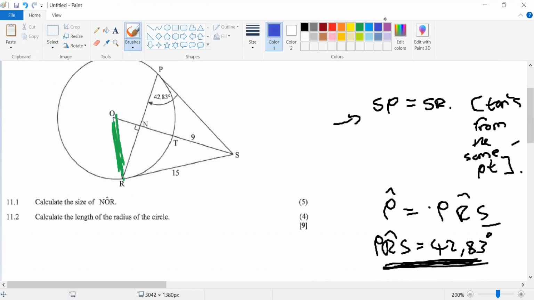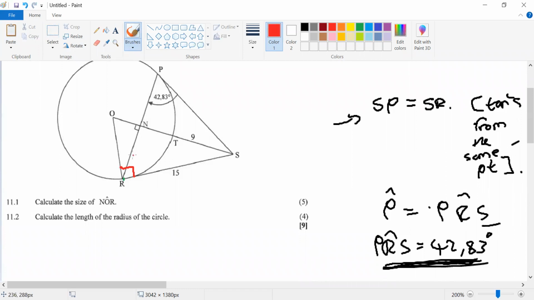And I know that RS is a tangent. So when my radius meets my tangent at the point of contact of my tangent to the circle, that creates a 90-degree angle right there. So I already know what that huge angle is right there, because this is just going to be 90 degrees.